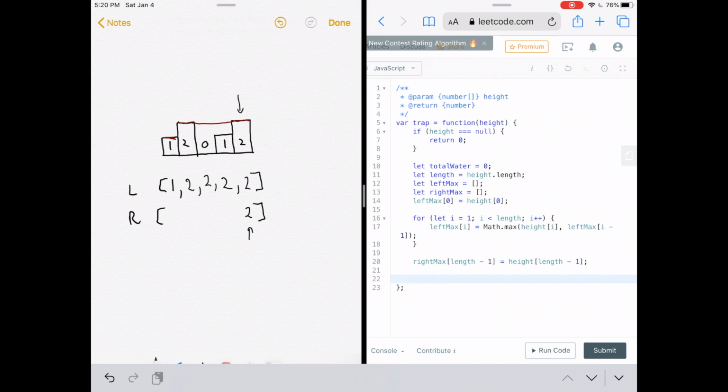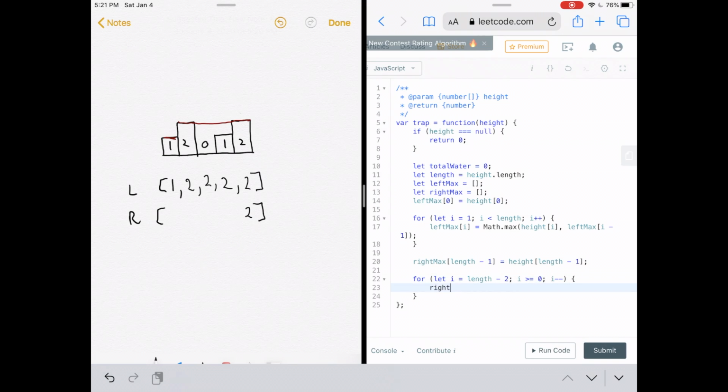All right, now we do the step where we fill in all the values in the right max array. And remember, these represent the theoretical max heights going from right to left. So that would be for let i equal length minus 2, go until i is less than 0, i minus minus.